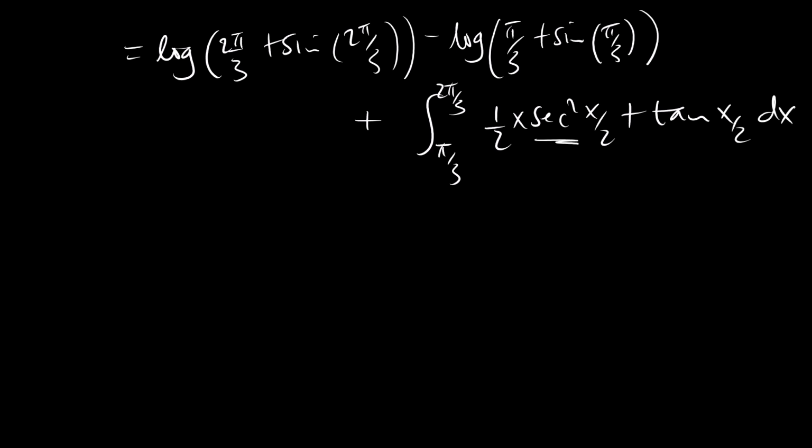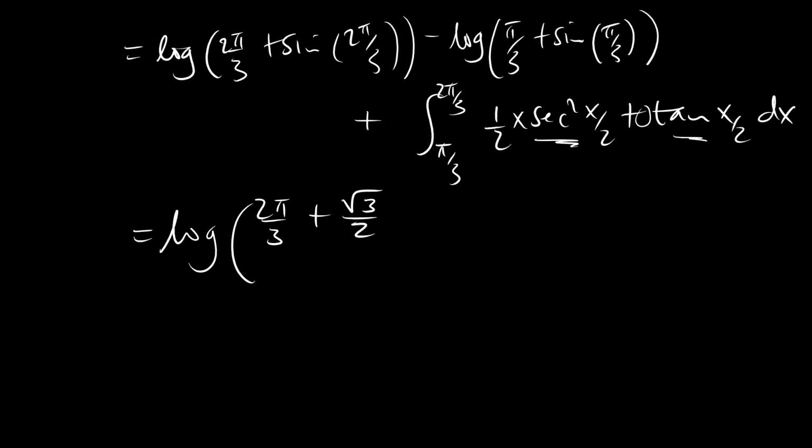So we see that this is a derivative of this, and then right here we may have a derivative of x. So that's a product rule. And then using the rules of logarithm, we can just say this is same as log of 2 pi over 3 plus sine of 2 pi over 3, which should be root 3 over 2.